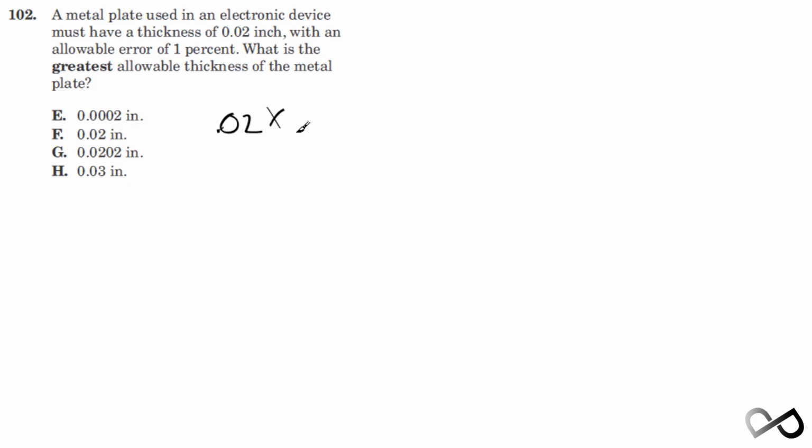And 1% is the same thing as 0.01. And then after we get this product, we have to add it back to the 0.02 to get our final answer. So when we multiply this out, we're going to get 2, and there are 4 decimal places that we have to move, right?